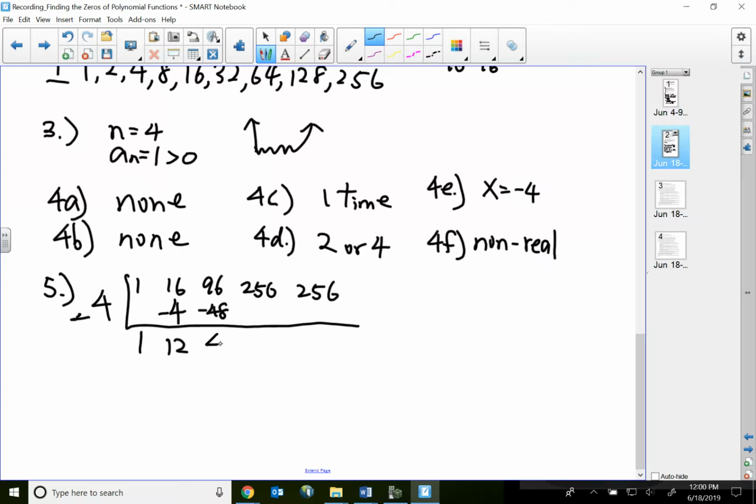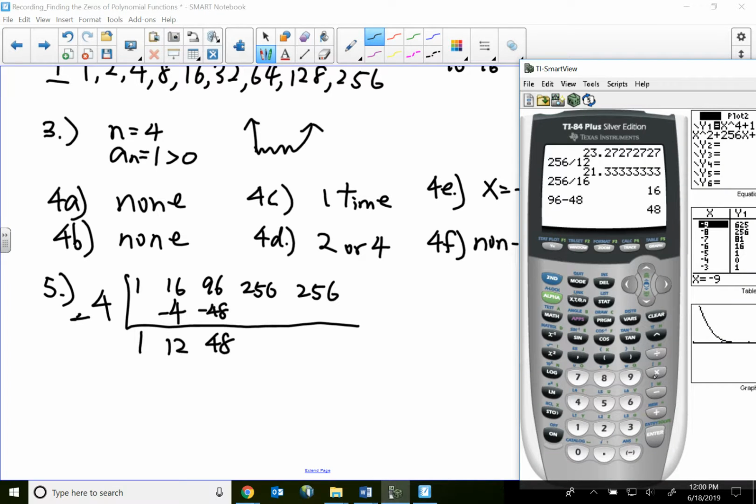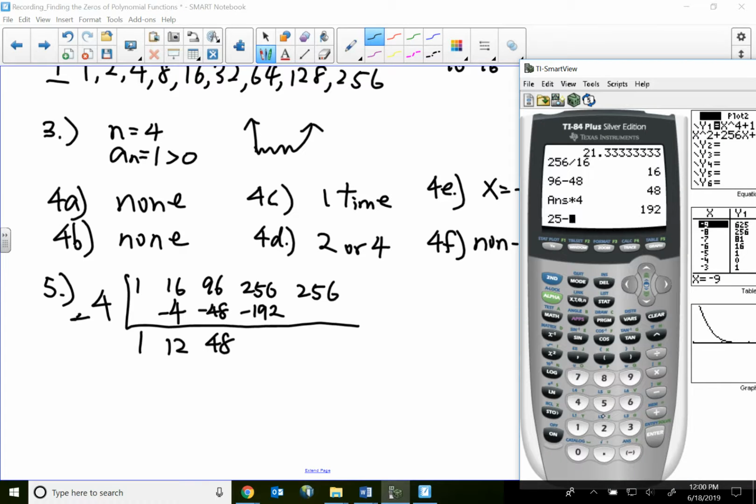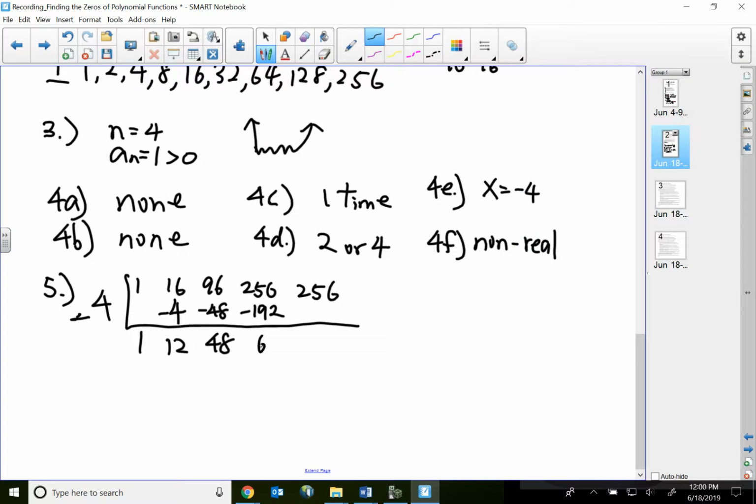48. Negative 48 times negative 4 is 192, negative 192. 256 minus 192 is 64.